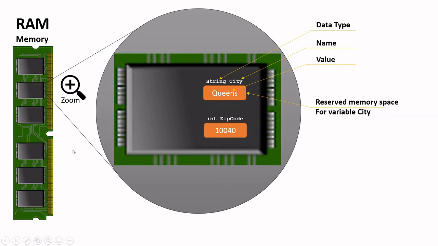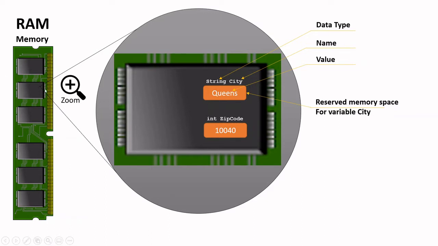So earlier we said variables are containers to store certain values. Now let's think about them as a memory space that is reserved in RAM. So it's a reserved memory space in RAM.